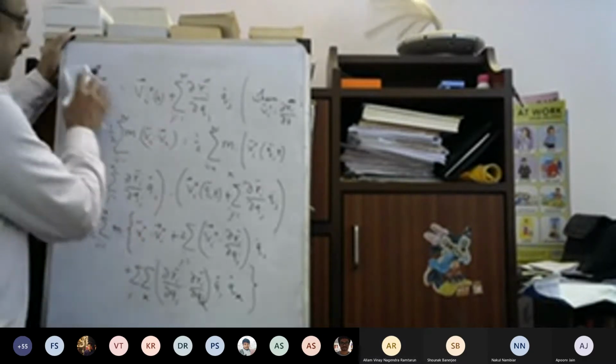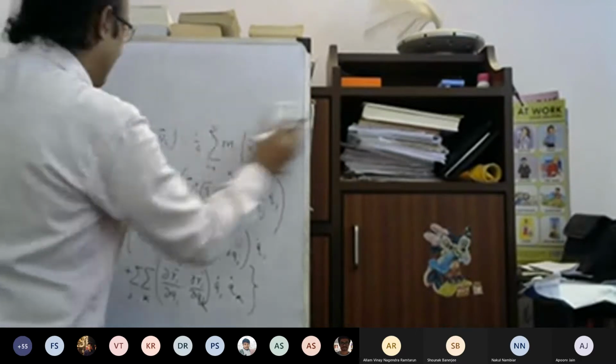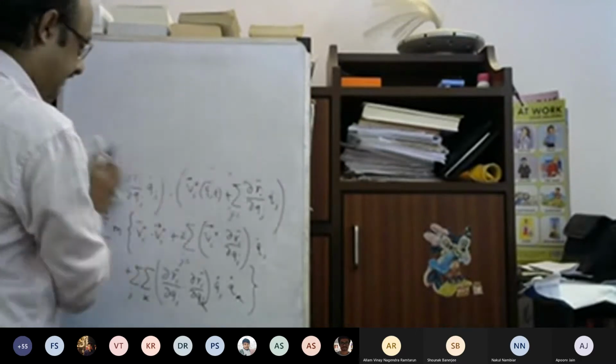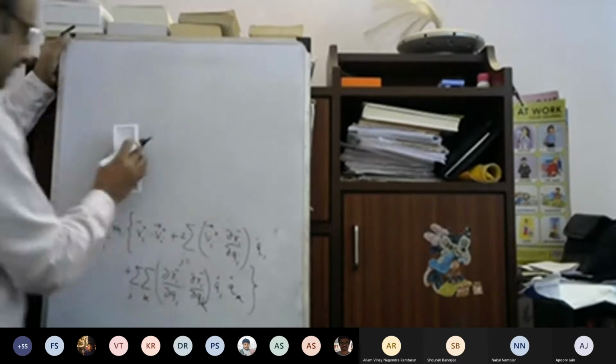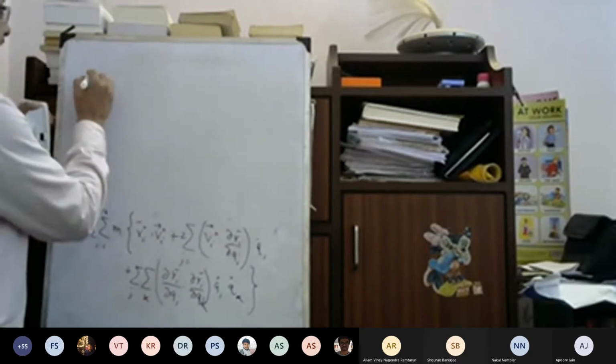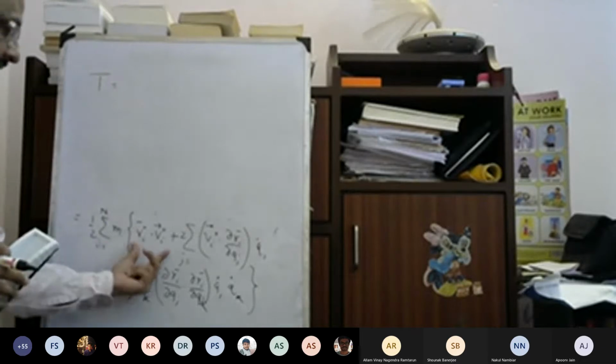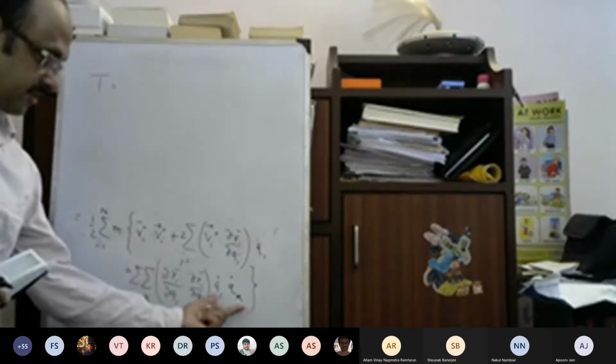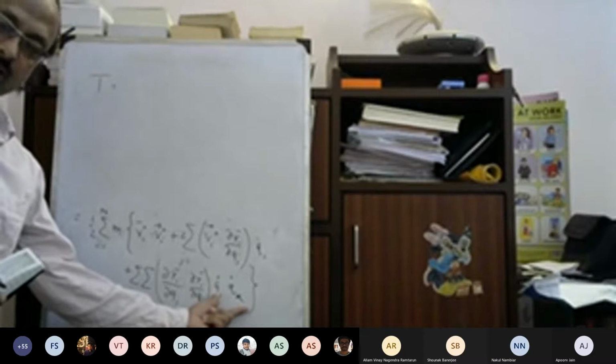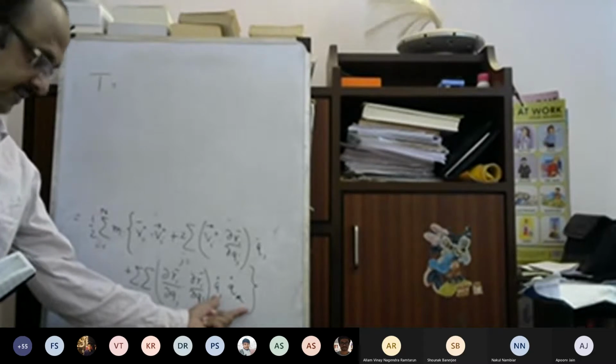Now from this expression, what we see is that in T, the kinetic energy, there is a part which is quadratic with respect to qj dot, the generalized velocities.